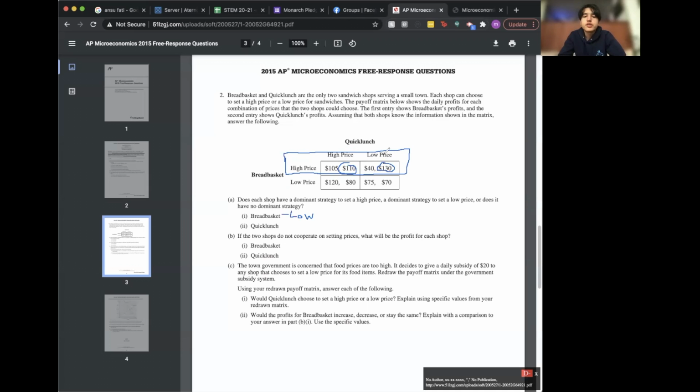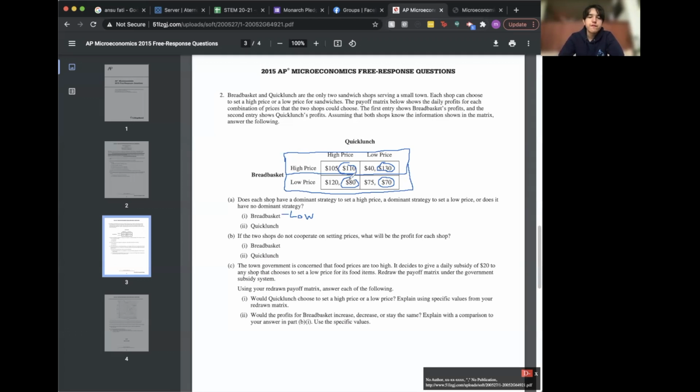And obviously, they'd want to earn $130 with the low price. If Breadbasket went for the low price, that means that Quick Lunch would either earn $80 for the high price or $70 for the low price. And in this case, they would want to go for the high price because they earn $80 and not $70.